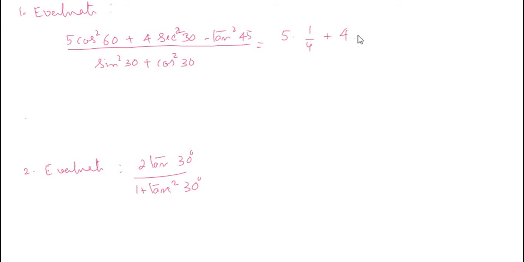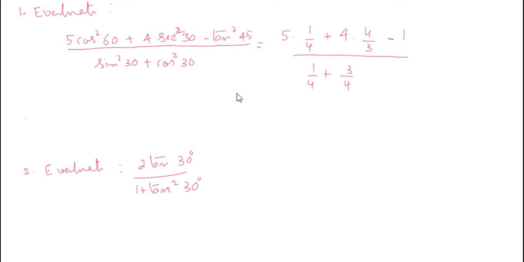Secant 30 is 2 by root 3. So secant square 30 is 4 by 3 minus tan square 45. Tan 45 is 1. Tan square 45 is also 1 only, divided by sin square 30. Sin 30 is half. So sin square 30 is 1 by 4 and cos square 30. Cos 30 is root 3 by 2. Cos square 30 is 3 by 4.